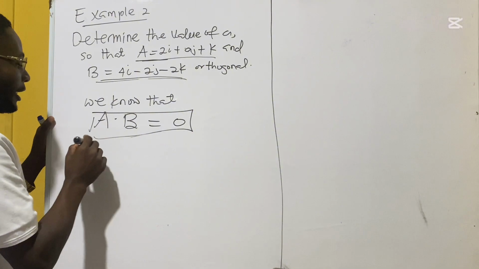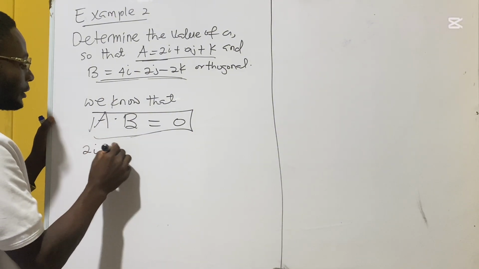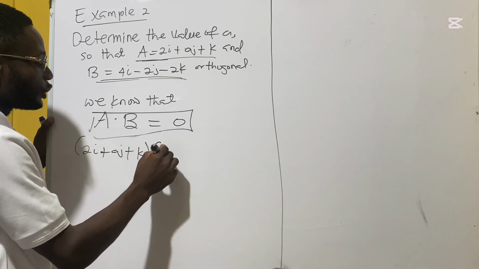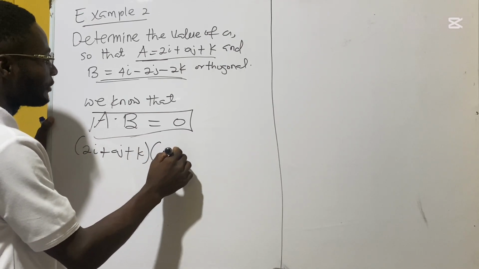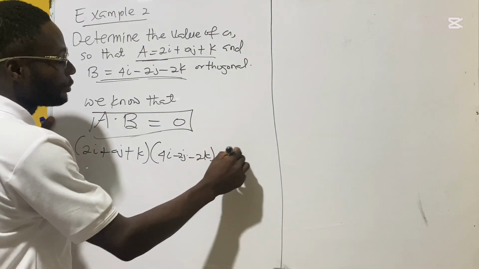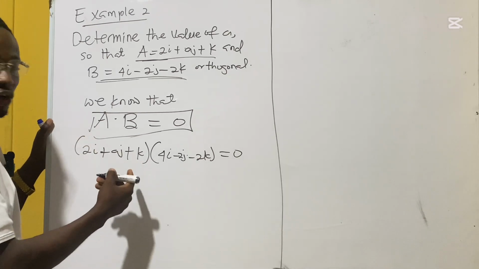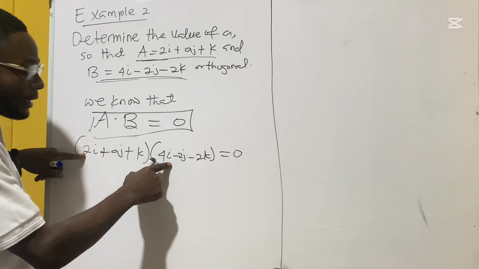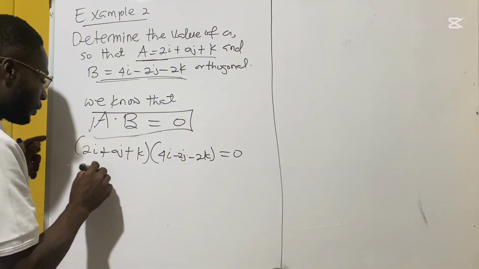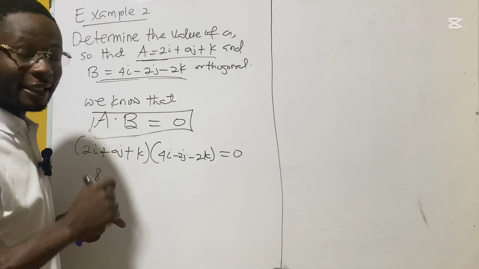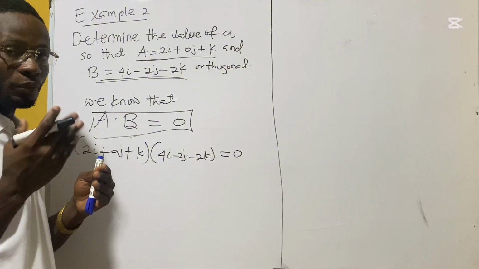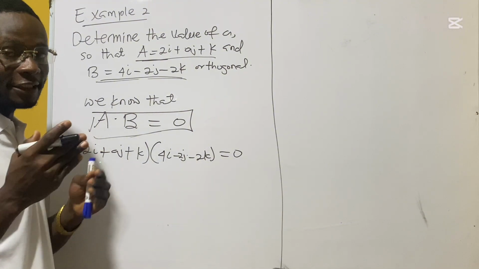So we know vector A to be 2i plus aj plus k, right? Their dot product should be giving you 0. So times 4i minus 2j minus 2k, and that should be giving you 0. So you multiply the corresponding position vectors. 2i times 4i becomes 8, because i times i is 1; i is a unit vector, so its magnitude becomes 1.